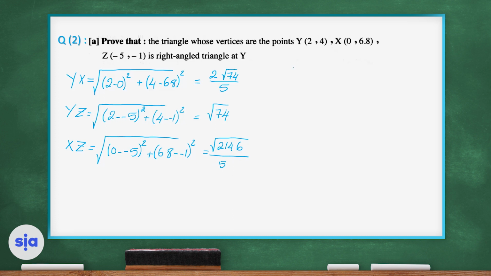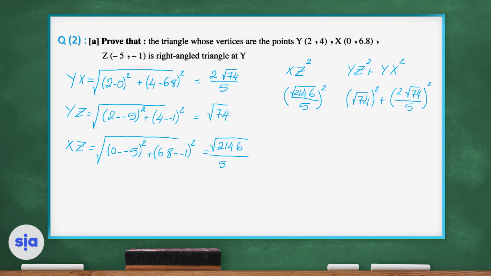Let's now check XZ squared on one side, and on the other side YZ squared plus YX squared. So XZ squared is the square root of 2146 over 5, all to the power of 2, and on the other side, YZ is root 74 all squared, plus YX, which is 2 square root of 74 over 5, all squared.